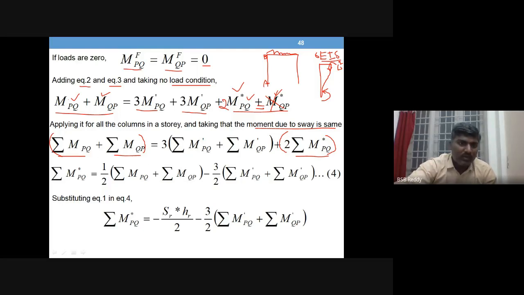It will become 1 by 2. Sorry, sigma M star PQ is equal to 1 by 2 times the sum of end moments minus 3 by 2 times the sum of top and bottom rotation contributions. Okay.